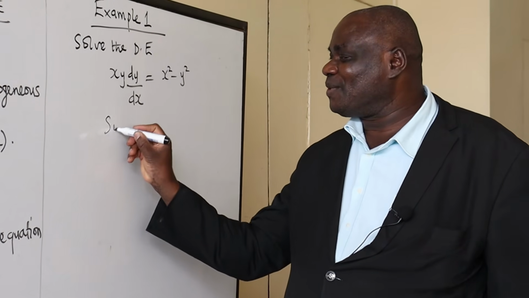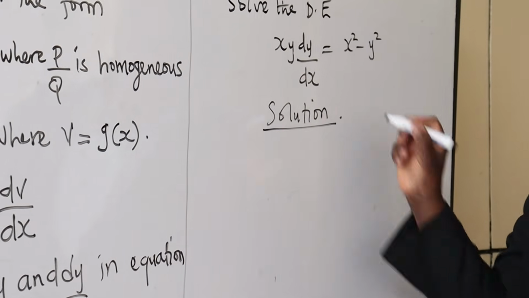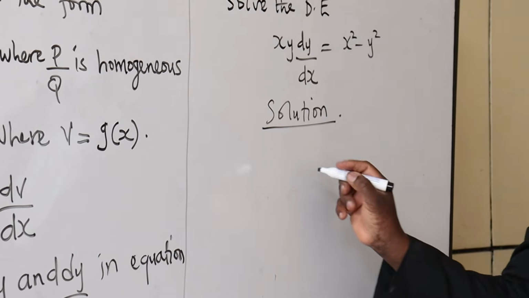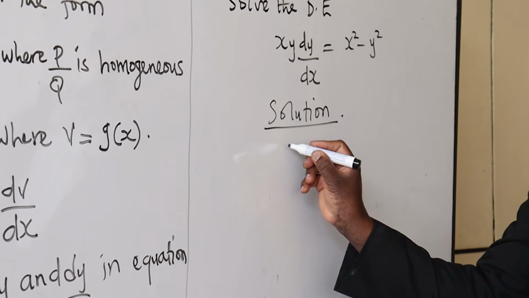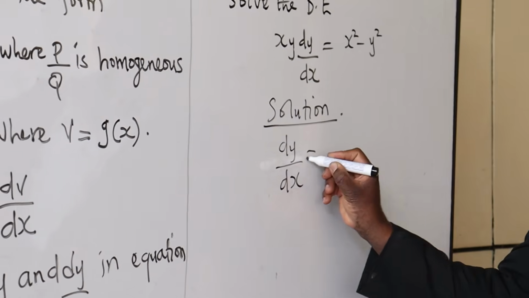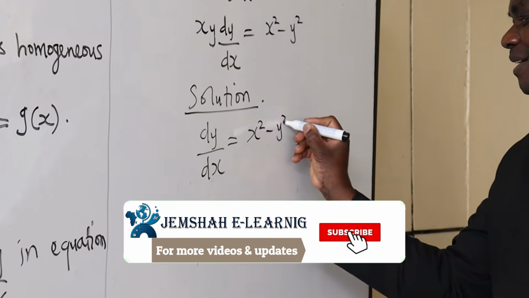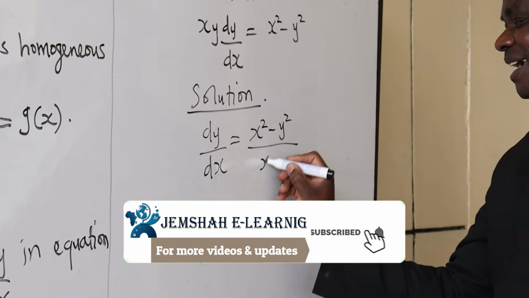So in our solution, from above, dy/dx can be seen explicitly to be equal to x squared minus y squared all over xy.